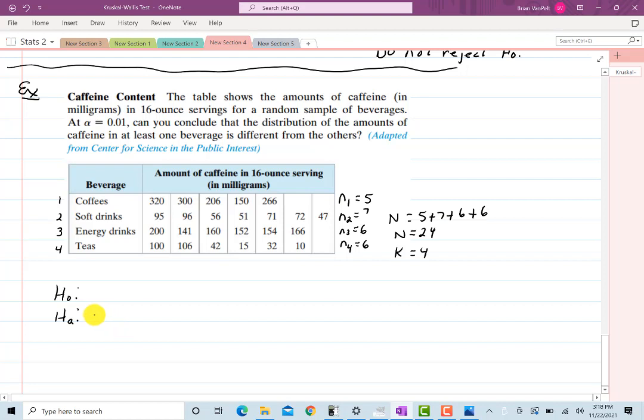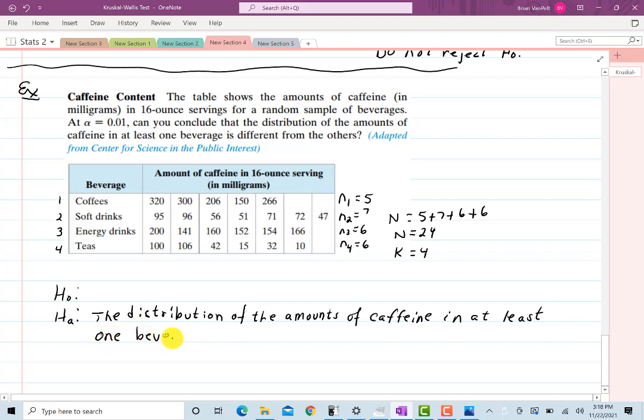So we could write the distribution of the amounts of caffeine in at least one beverage is different from the others.